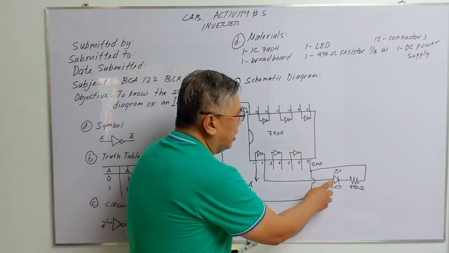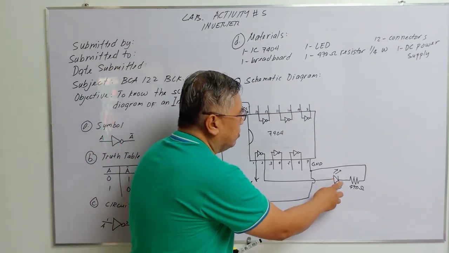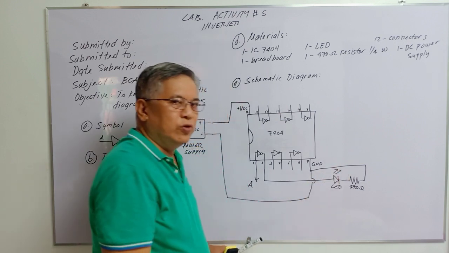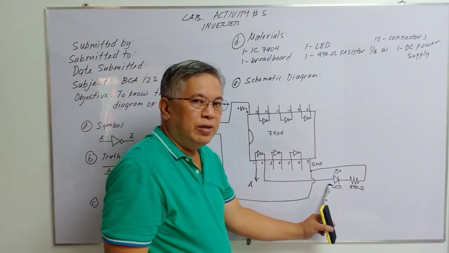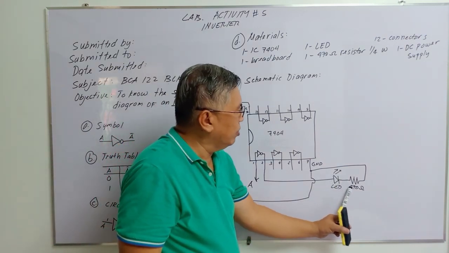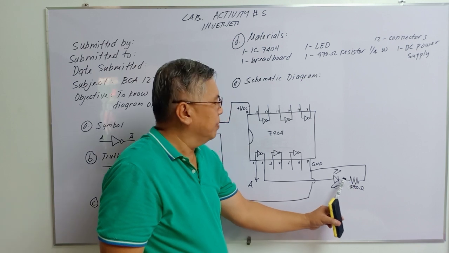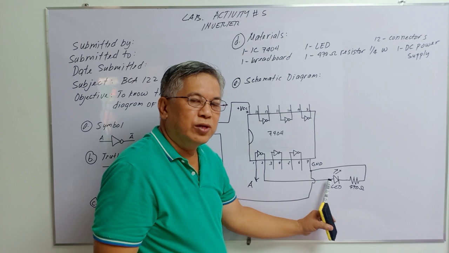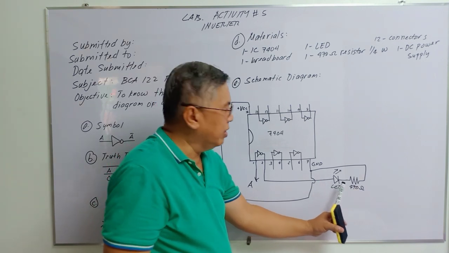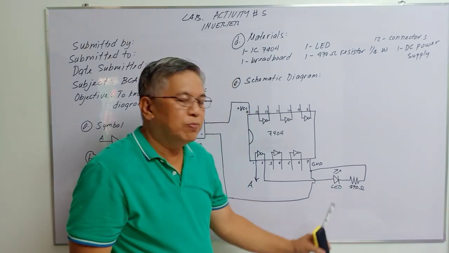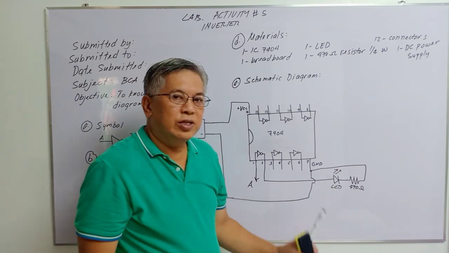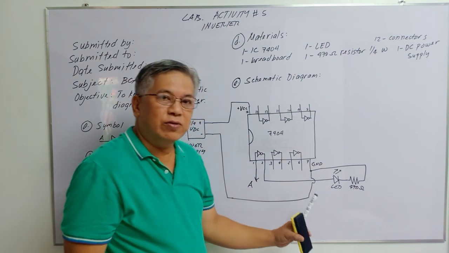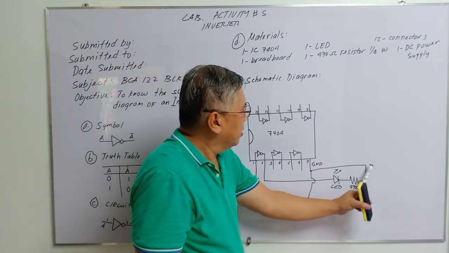Now your light emitting diode, since this is the anode and this is the cathode, positive, negative, forward bias, will light up. Your light emitting diode will light. And your resistor here is just to protect your light emitting diode, in case for example the current is too high, so that your light emitting diode will not be busted, it will not be damaged, it will not burn.